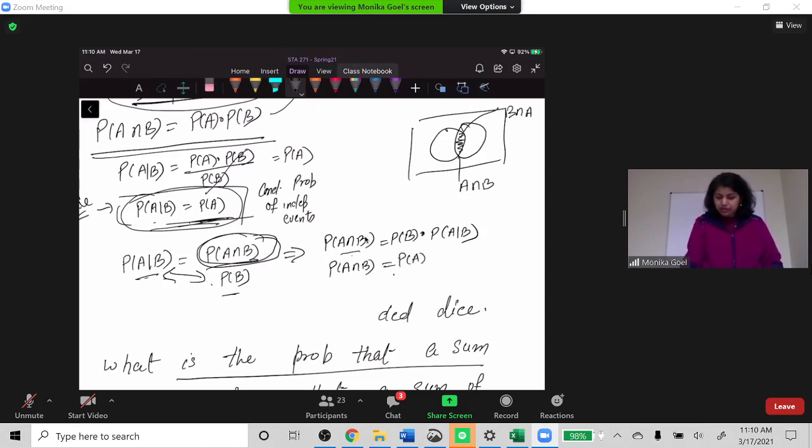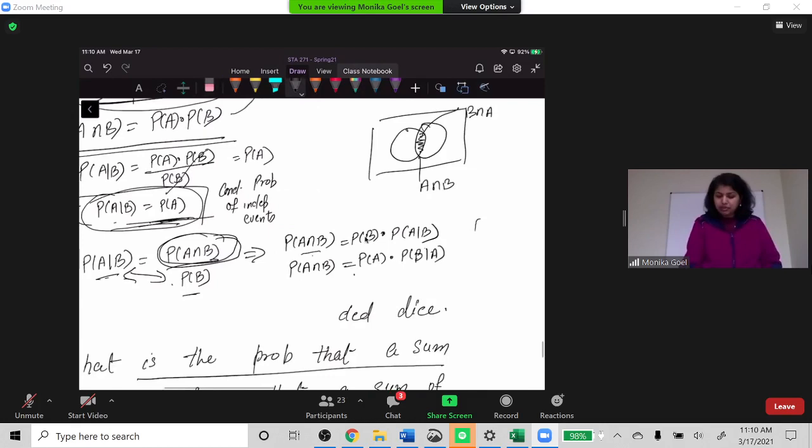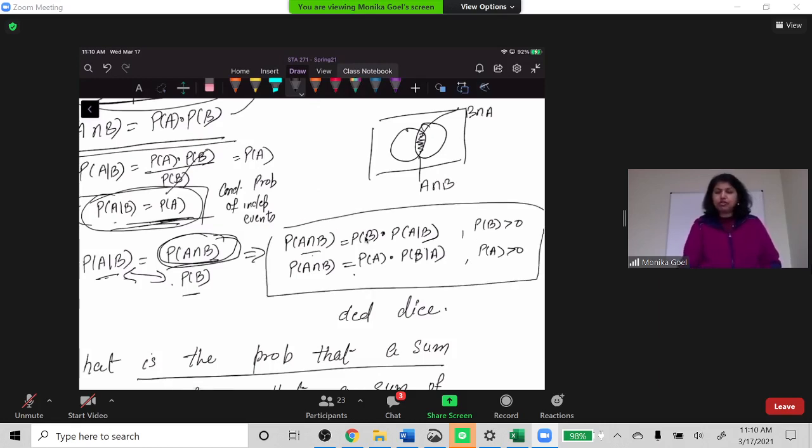If A is given, then you can write it B given A. And again, here B is given, so the probability of B is greater than 0. So these are called your multiplication rule for conditional probability.